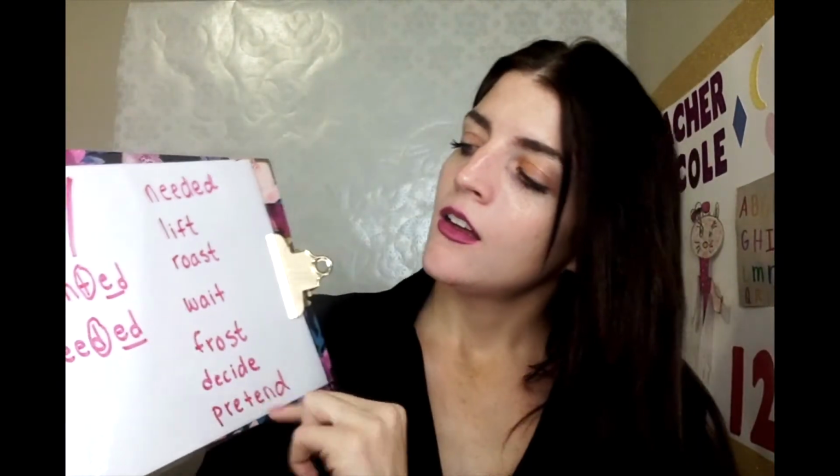Shouldn't we just say it like needed? Well, it makes sense to think that, but in English, we really don't say things the way that they are written most of the time. So, we pronounce ed as id.